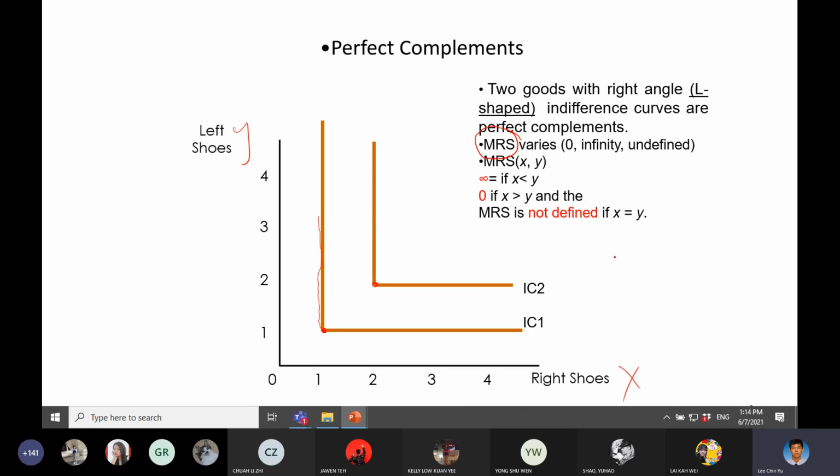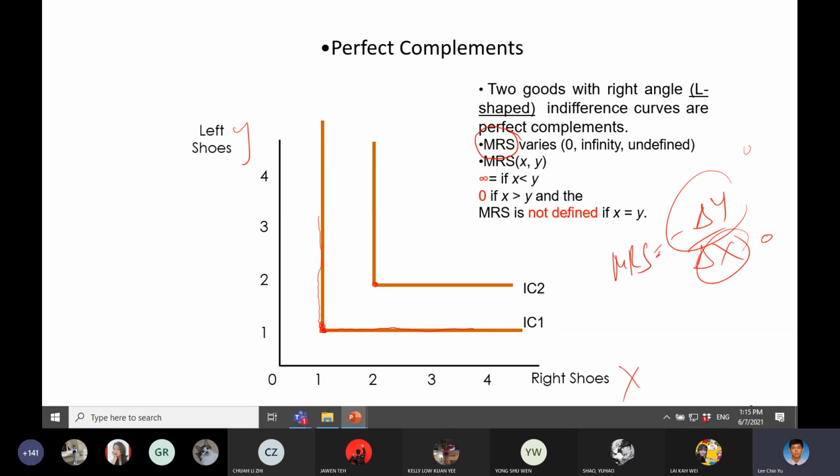If you calculate the slope, the MRS, the change of y over the change of x, your x remains unchanged, so the change of y divided by 0 gives you infinity. What if you increase the number of x? The y is still the same, because it is horizontal over here, so you get 0 over the change of x, then you get 0.